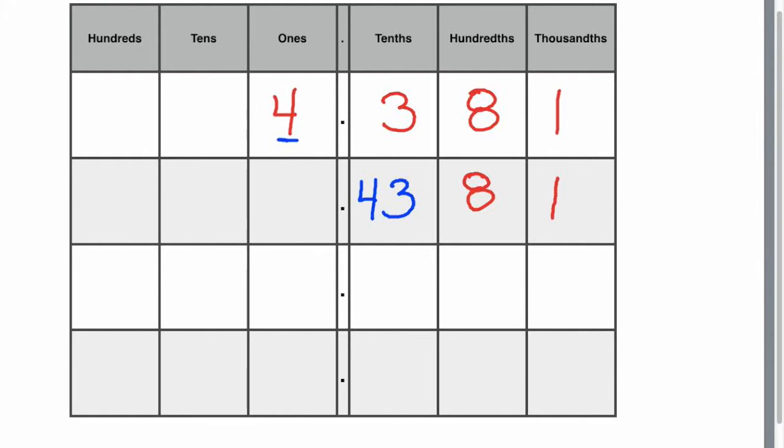So now, how many people are staying in the third place? 3. We've got 3 people over here now. We've got the number 4, 3, and 8. But who's still living by themselves? 1 still all by themselves and loving every minute of it.